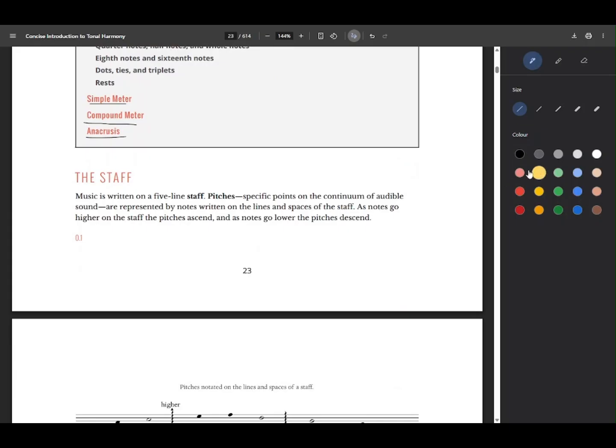So to begin here, we have the staff. You might remember seeing a staff before. It is these lines that we read music on. Excuse my very bad drawing here, but you might have seen what we call a clef on the staff, at the beginning of the staff.